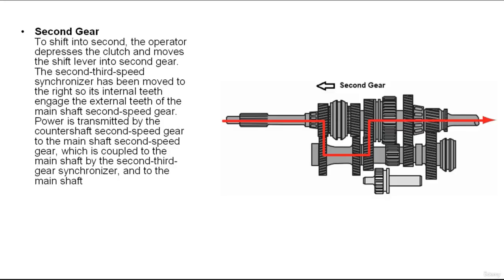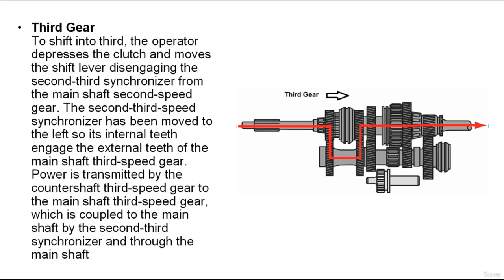Power flows from the second speed gear through the synchronizer to the main shaft and drive line. In second gear, the need for vehicle speed and acceleration is greater than the need for maximum torque multiplication. To meet these needs, the second speed gear on the main shaft is designed slightly smaller than the first speed gear.